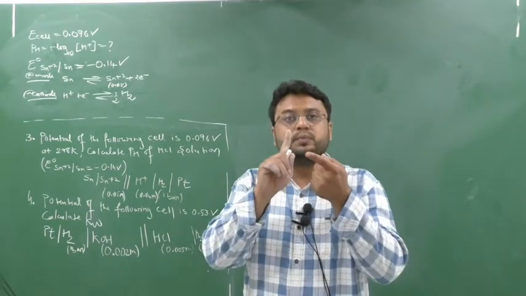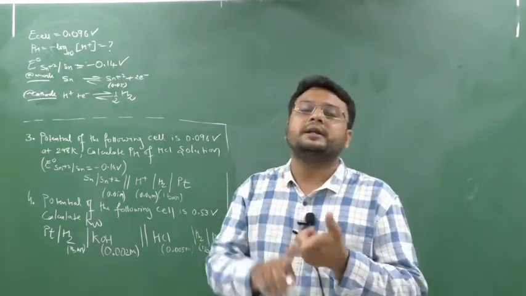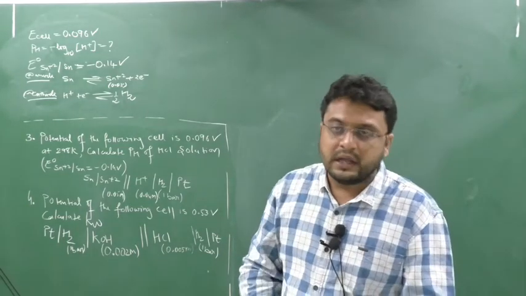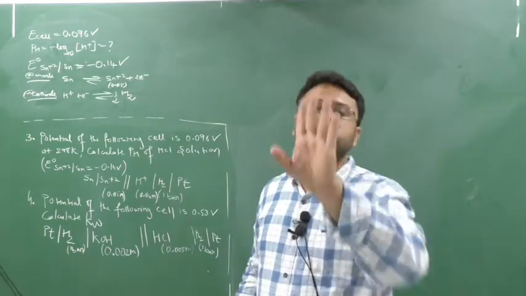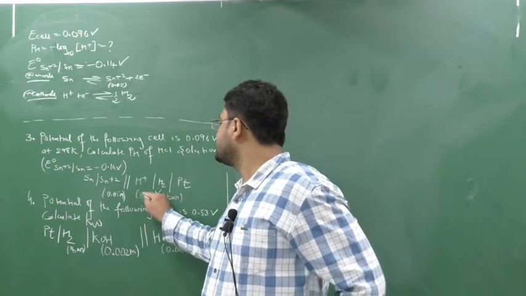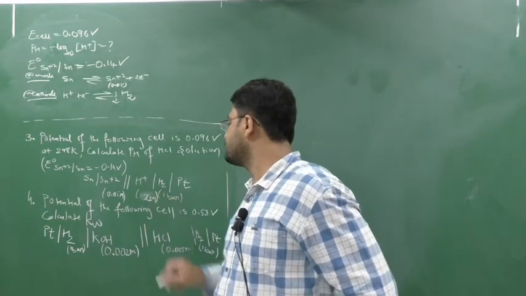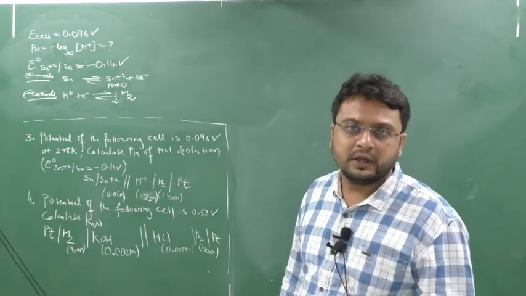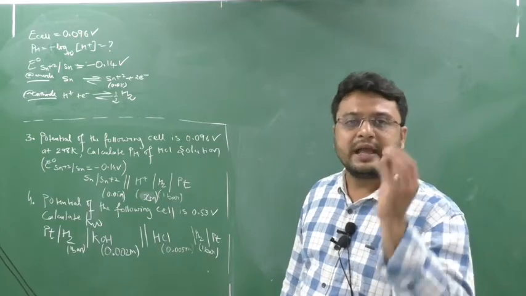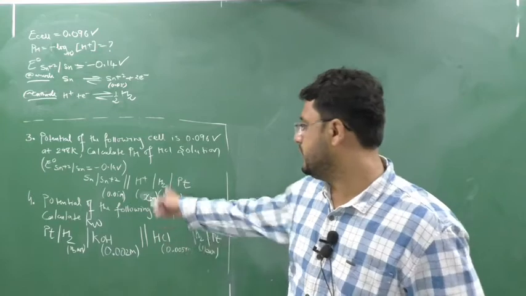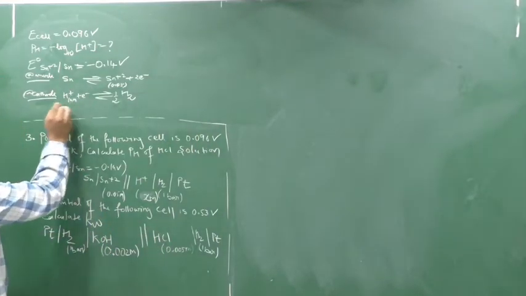Anytime they give you a pH problem, the H plus concentration should be x molarity. If they have given a value, you still have to consider it as x molarity. So I am considering it here as x molarity. Understood this portion, beta? Clear? Chalo, so here it is x molar.